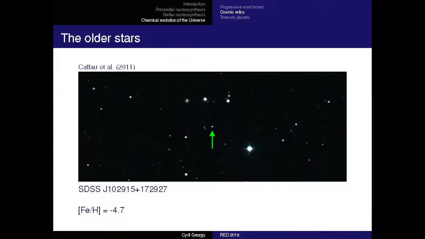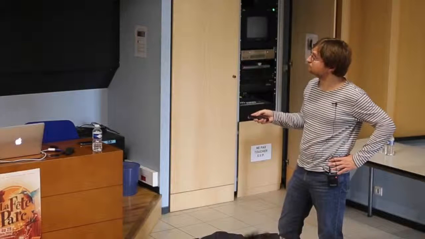It's less low, but this is a main sequence star. The others are evolved stars, which are a bit easier to find than the main sequence ones. I did not update these slides. Maybe there are a few more now at around the typical metallicity of 1/10⁶ times the solar iron composition.